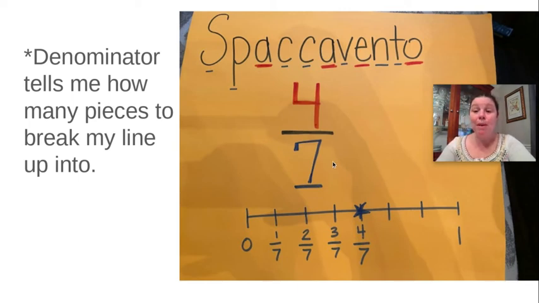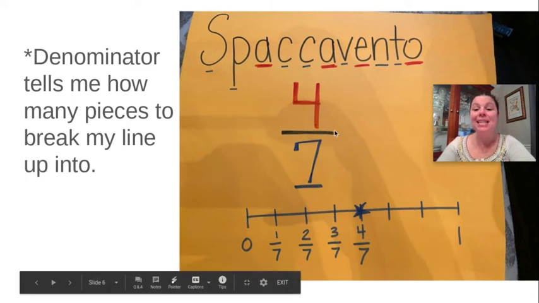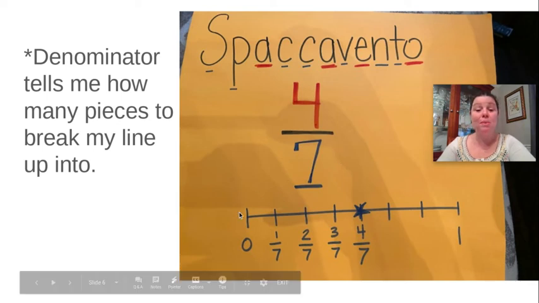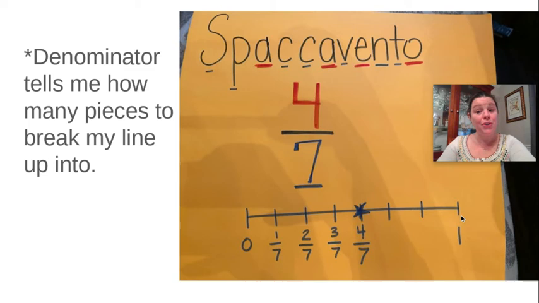And now if I want to represent that on a number line, I have to break this number line into 7 pieces because my denominator tells me it has to be broken into 7 pieces. So between 0 and 1, I should have 7 pieces. 1, 2, 3, 4, 5, 6, 7.